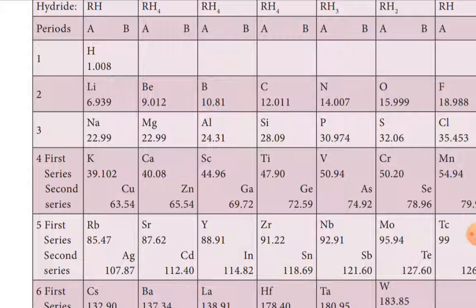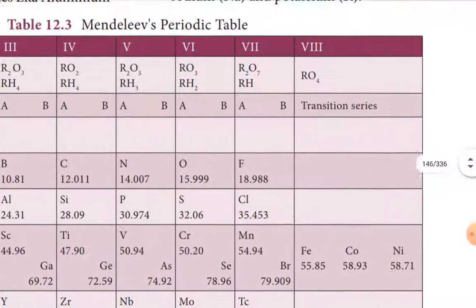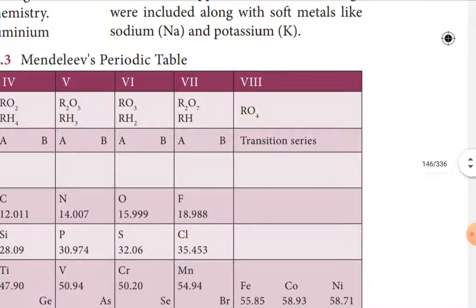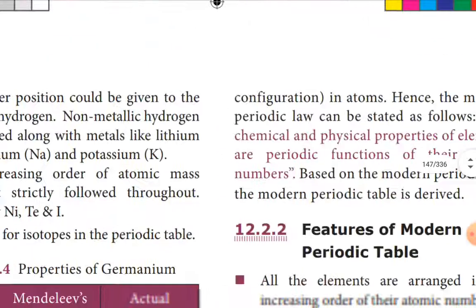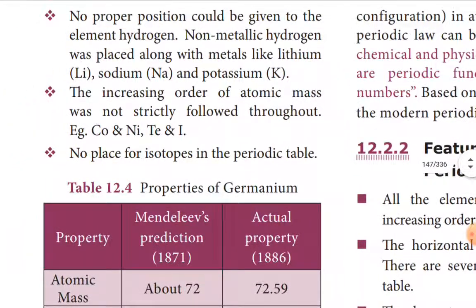So this is one of the limitations, drawbacks, demerits of the Mendeleev periodic classification. And also see the next point, that no proper position was given to the element hydrogen.